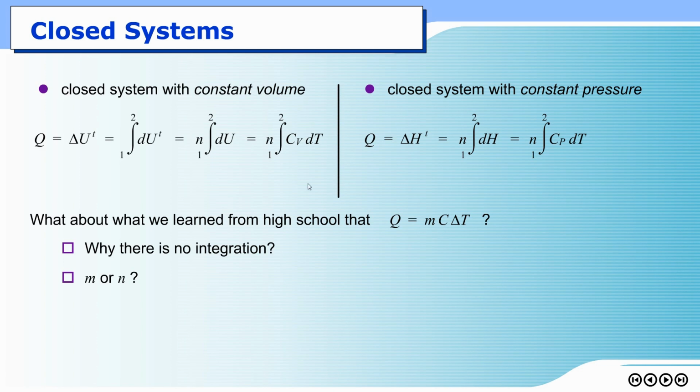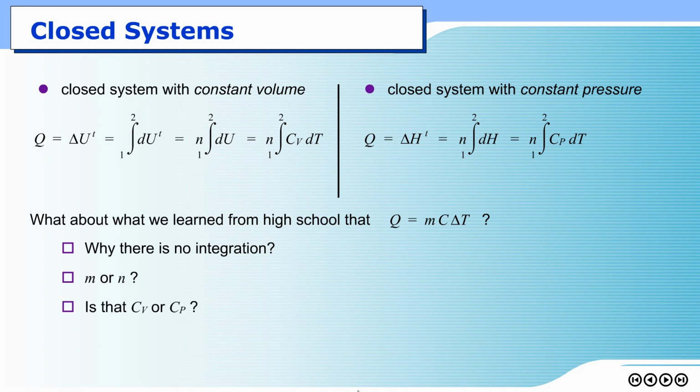On the other hand, when you use number of moles, this heat capacity becomes molar heat capacity with the unit of joule per mole Kelvin. So you can still use this form, changing n into mass, and then you have to change this molar heat capacity into specific heat capacity.